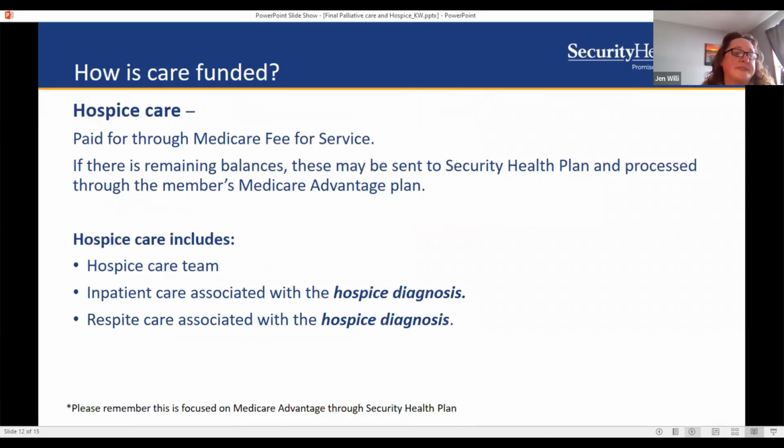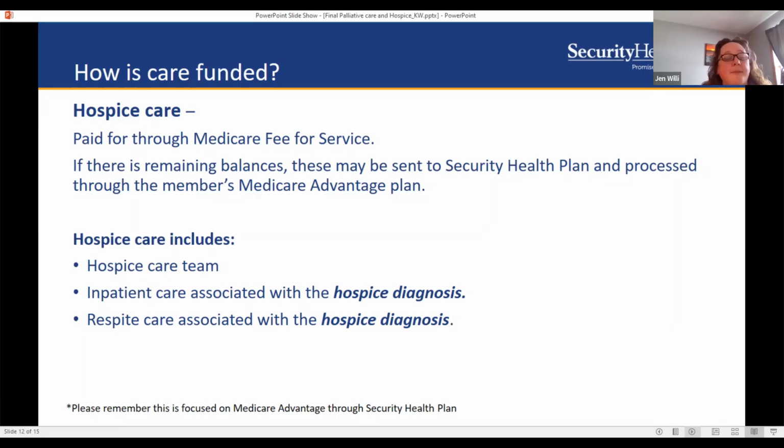So how is hospice funded? I want to stress that if you're a Medicare Advantage plan member, you still have Medicare. And typically your Advantage plan is going to manage the costs associated with your health care. Hospice is one exception though, and hospice is paid for through your Medicare fee for service. So again, even if you have an Advantage plan, you still have Medicare, and that's what funds hospice.